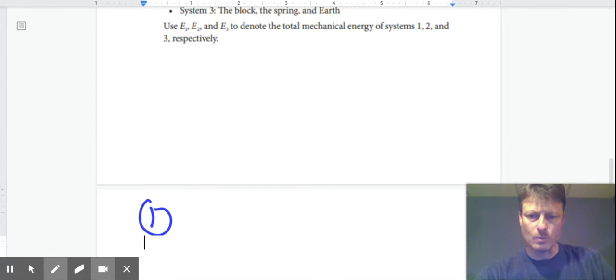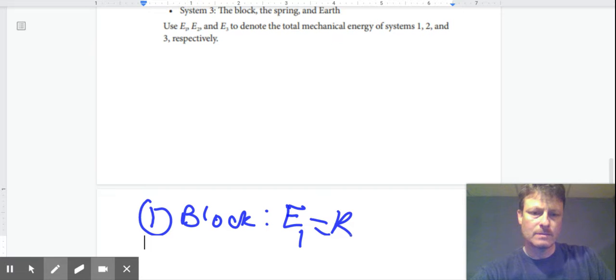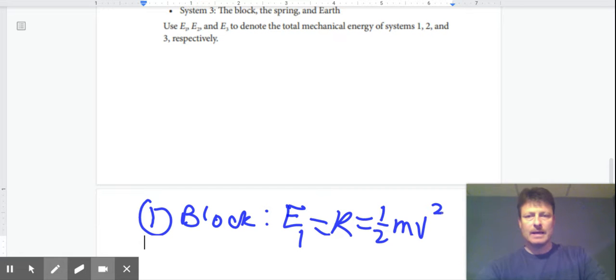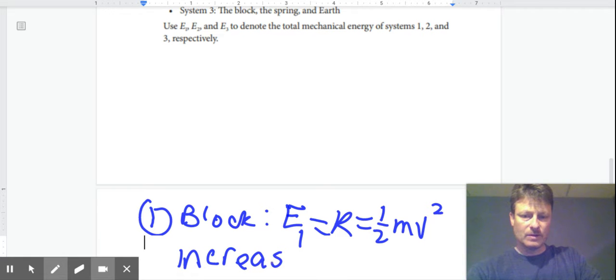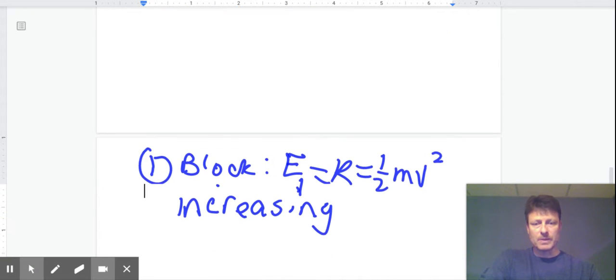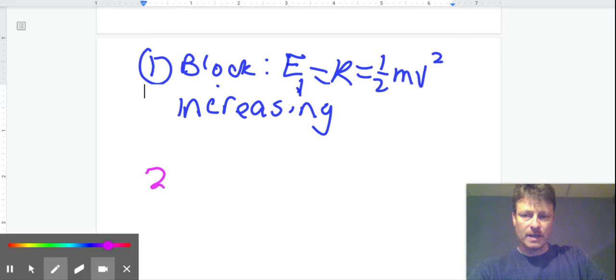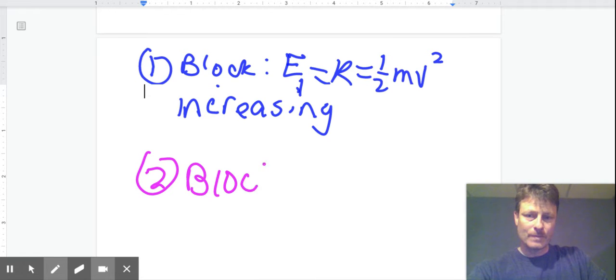If you look at system 1, which is the block, as it moves, it's going to have kinetic energy. That's your 1/2 mv squared. As you let it go, I think that part of the system, looked at by itself, should be increasing. I think everybody sees that as you let go, it's going to pick up speed as it goes back to that equilibrium point. The question might be, what if you had the block and the spring?